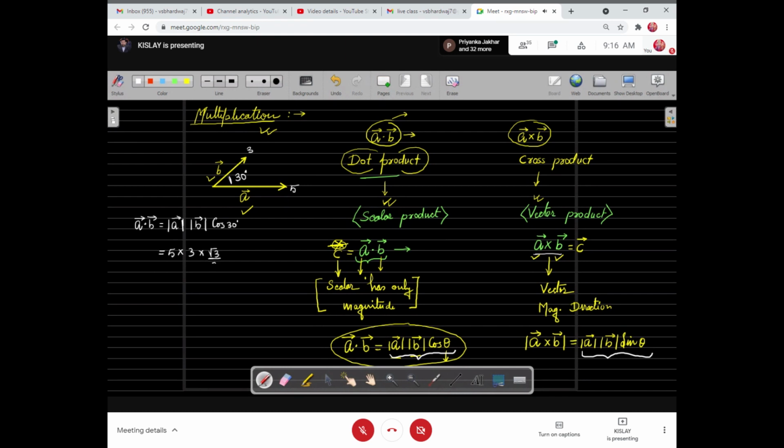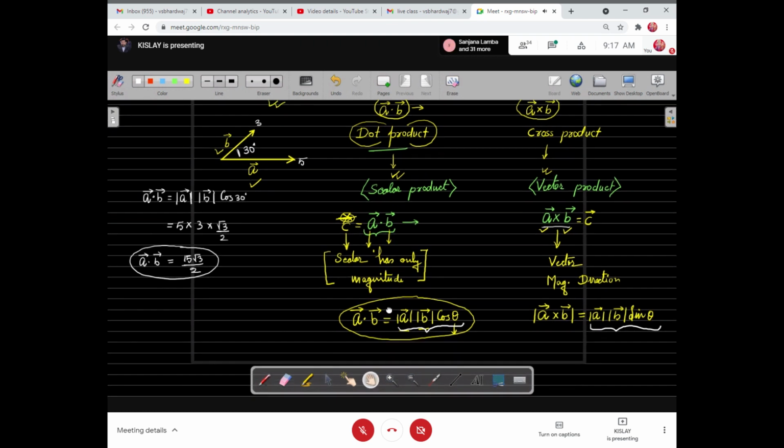And now just put the values. A has magnitude 5, B has magnitude 3, and cos 30 is root 3 by 2. It is 15 root 3 by 2. It is A dot B.